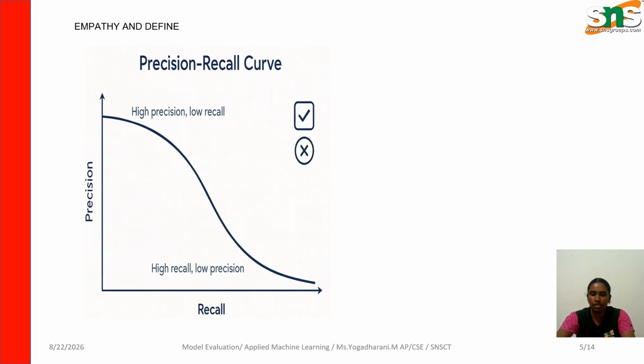The system marks many genuine transactions as fraud, and the customer may become frustrated. Here precision is important. Problem two is missing actual fraud. The system fails to identify a genuine fraudulent transaction. This causes financial loss. Here recall is very important. So we need to identify our problem properly before selecting the evaluation metrics.